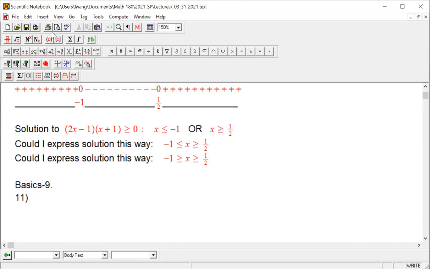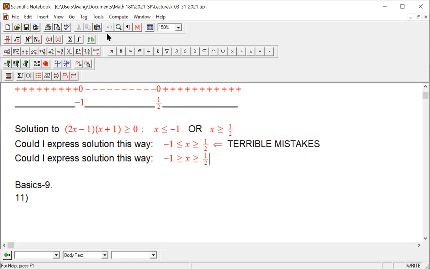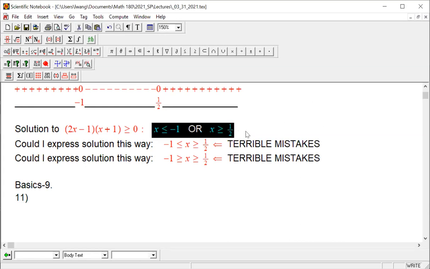Okay, is that clear? Don't make them. Just write it down like this because it's an or situation.